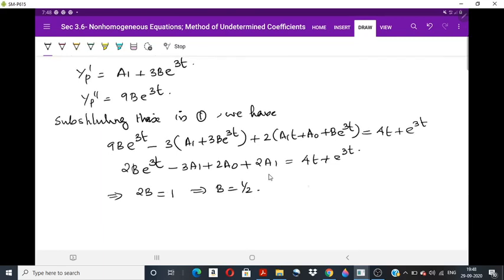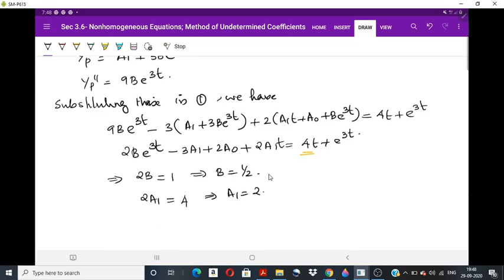And equating the coefficients of t, in the right side the coefficient of t is 4, and in the left side it is 2a1, since 2a1 into t is there, I forgot that, sorry. So 2a1 is equal to 4. So we have a1 equal to 2.